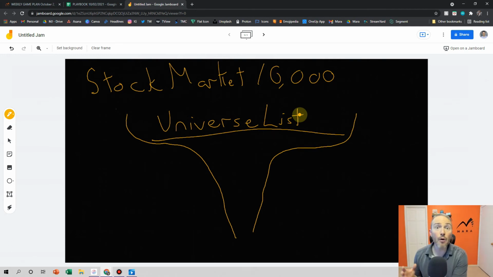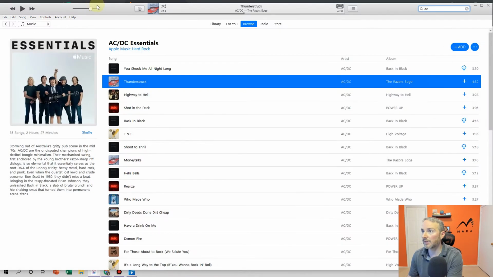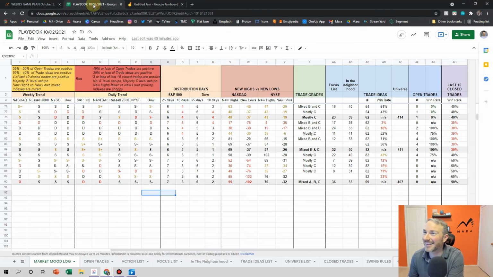Every weekend, I'll go through that universe list and I'll see what trades are setting up. So the trades that are setting up make this trade ideas list. Back over here, you saw that there were 407 stocks in the universe list, and then there were 69 trade ideas.